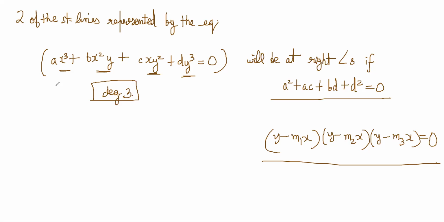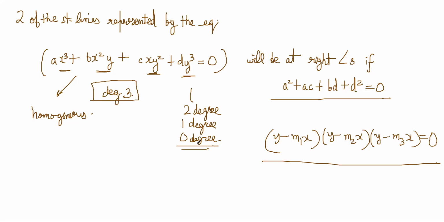And one nice thing about this is it is homogeneous. There is no 2 degree term or 0 degree term or 1 degree term, right? So again, by the theory that we have just now learned, if it is homogeneous, it passes through the origin.